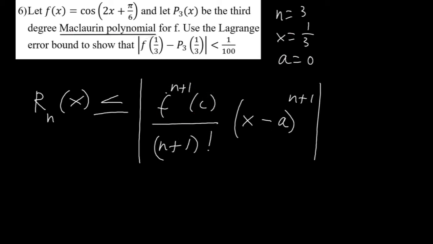Then let's look at the n plus 1 derivative at c part. Since f of x equals cosine of 2x plus pi over 6, and n equals 3, we're going to be taking the 4th derivative.